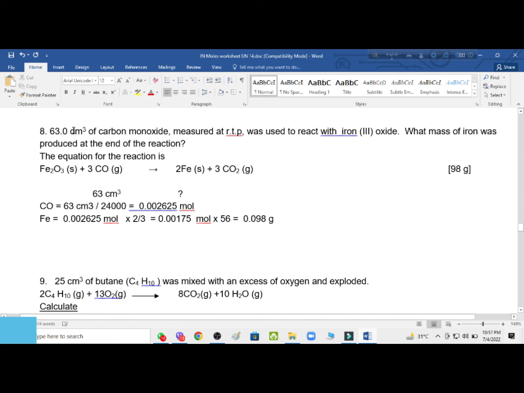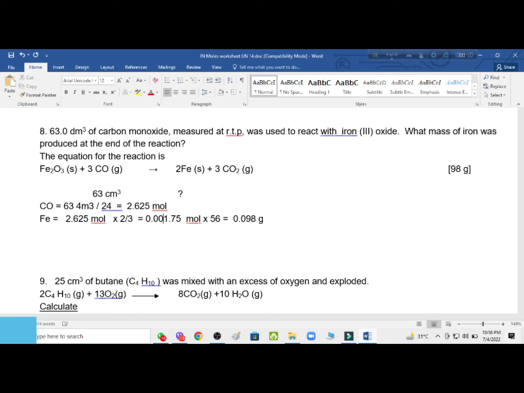So decimal will be, the point will be here, and this will be here. Accordingly, all the answer will change. This 1 point something multiplied, you get here 98 gram. Okay. With slight mistake, we get answer wrong.